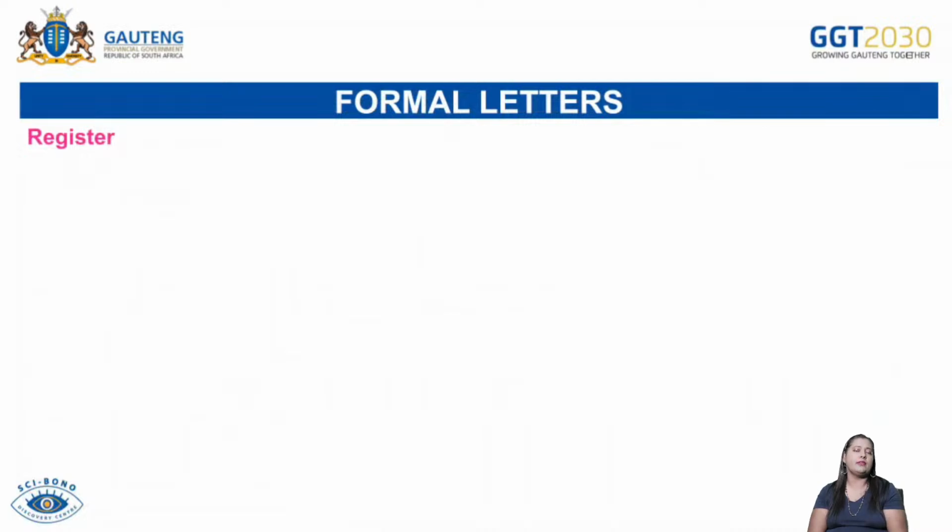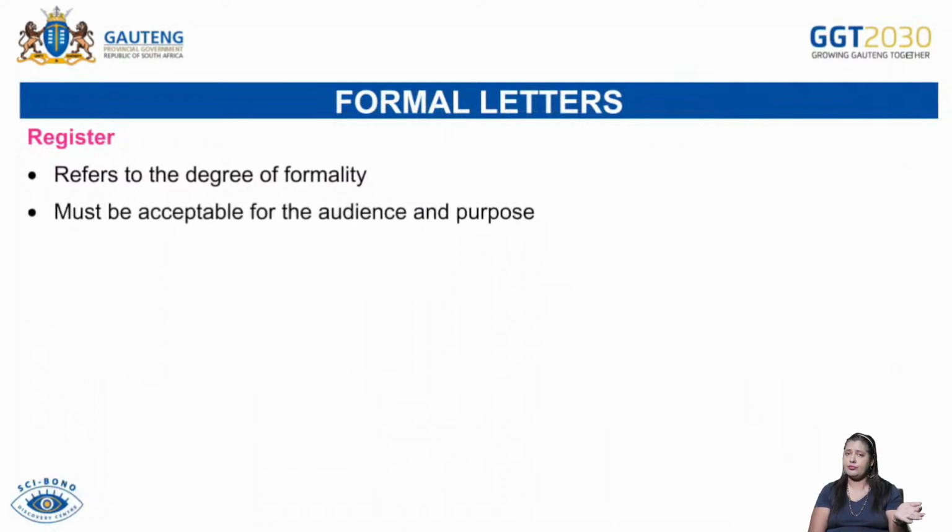Further on, we're looking at the register. In other words, have you understood that there has to be a degree of formality in this piece of work, right? So how much of a formal degree must be there or how little will be dictated again by the question that has been asked.